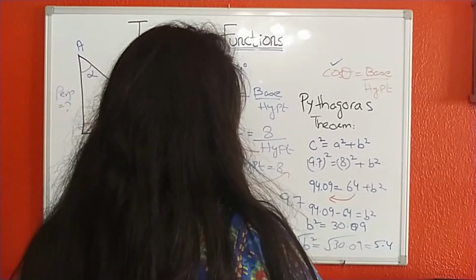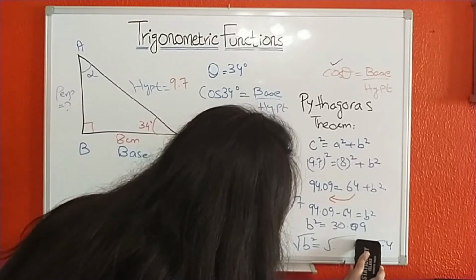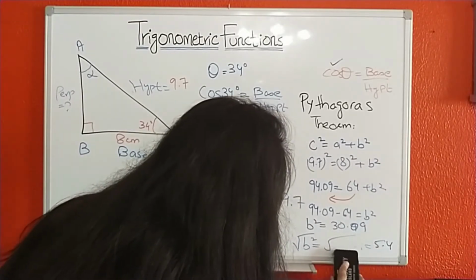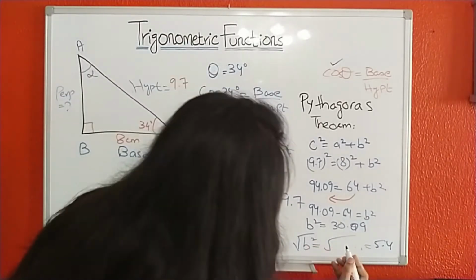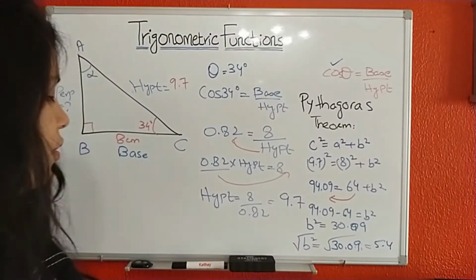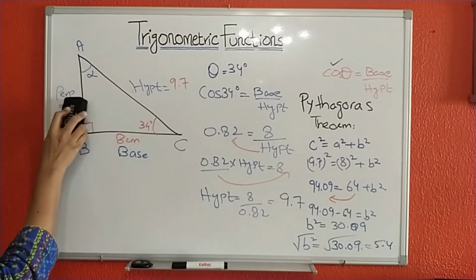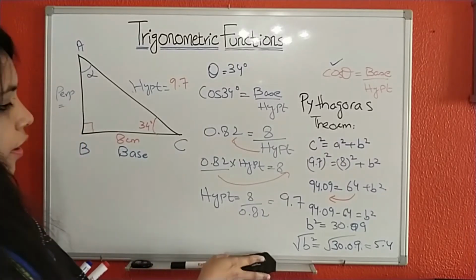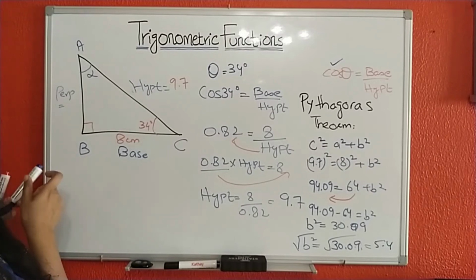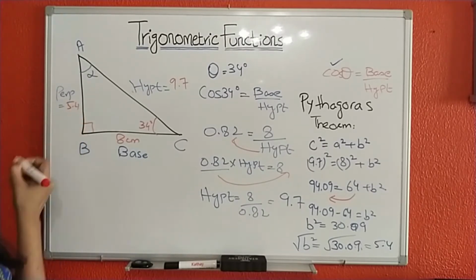Now let me write it clearly. Okay, so I have the value of perpendicular, I have the value of hypotenuse, and I have the value of base. So I am writing the value of perpendicular here, which is 5.4.